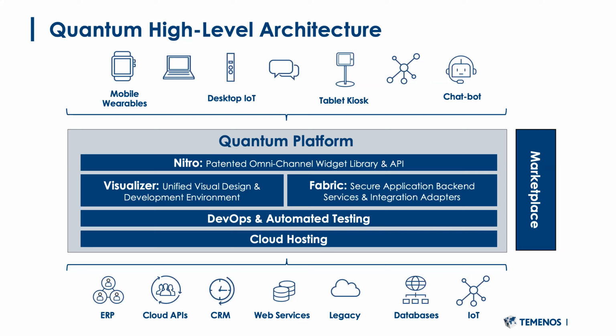And then the tools that are part of the platform include the IDE, which is the design environment to design the UI and write your business logic on the client side, which is Visualizer. And then Fabric, which is used to build the integration layer and the microservices which connect to your backend systems. So this gives you sort of a stack diagram of the difference between what used to be called DBX, which are the applications built on top of the Quantum platform.